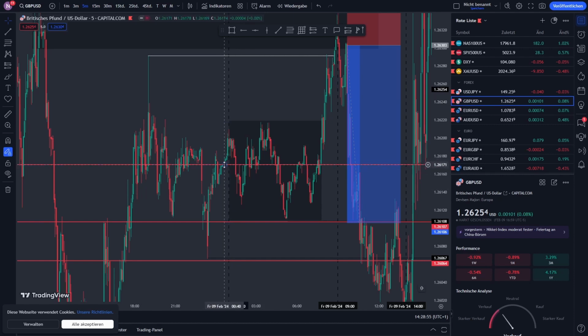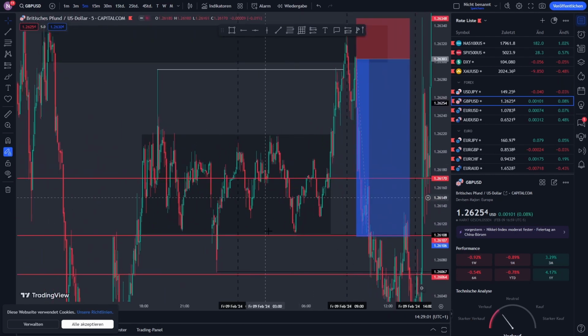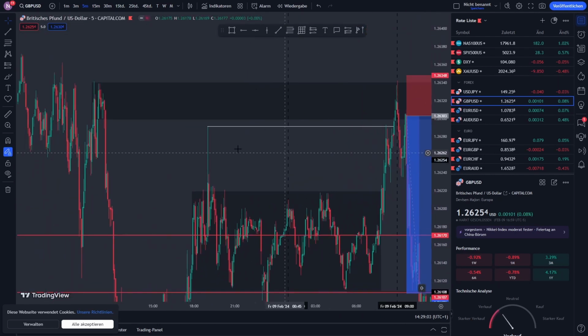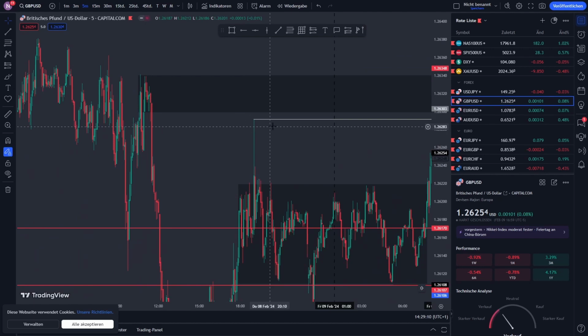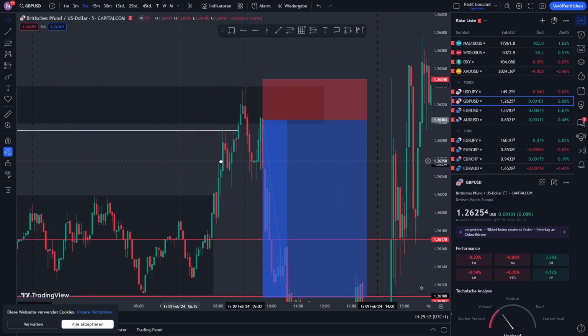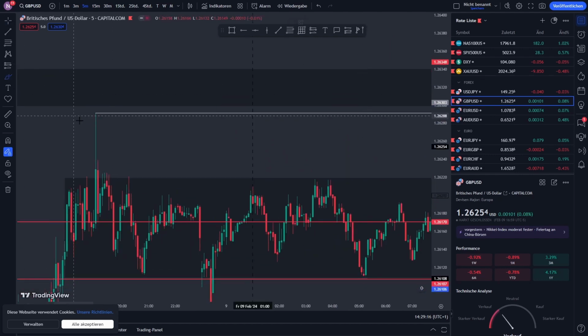And what makes it even better is that we actually had a consolidation here as well. The PA was really consolidating around that time, not even only in Asia, which makes it even better. And a spike up here not mitigating this order block, which makes it even better, because before the order block we had a liquidity that got swept, and also it bounced here, which made it even bigger liquidity.